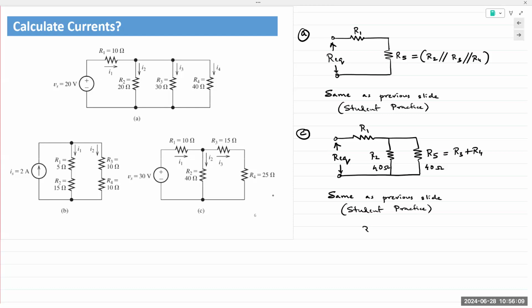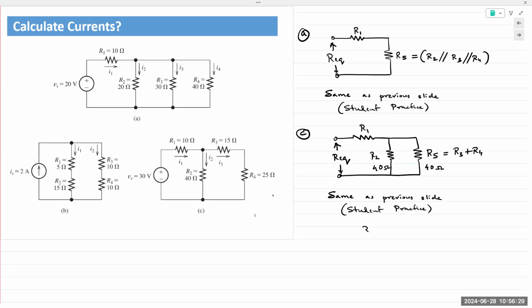I'm going to do it now. It's a current source, so I wanted to keep it for the last. So A and C are very similar circuits. Okay.